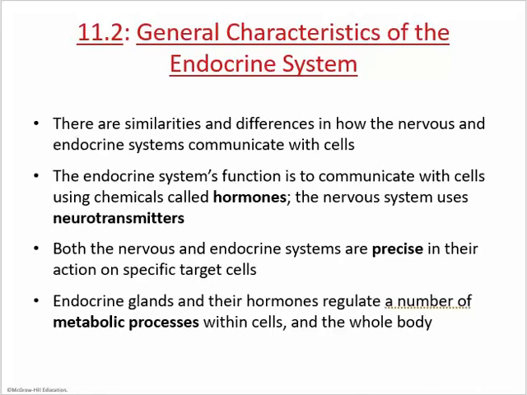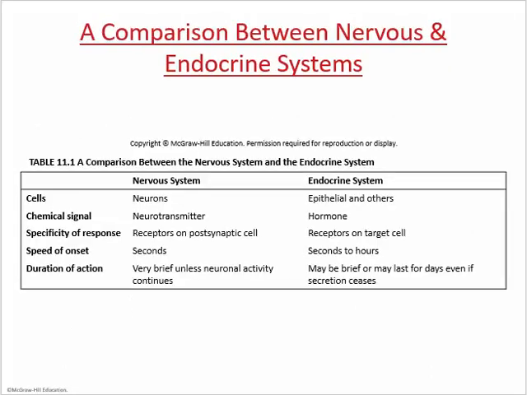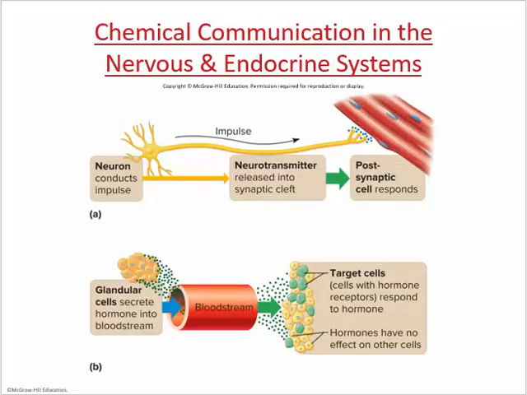So they have actions on specific target cells, the cells that have the receptors to that. And they end up regulating metabolic processes within the cells and therefore the whole body. So these are just comparisons.